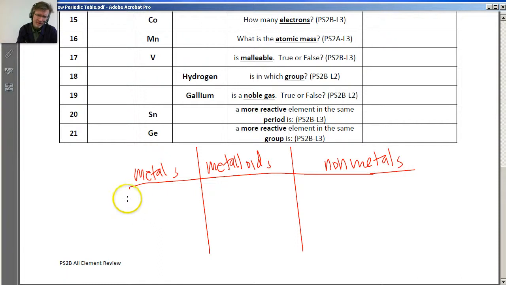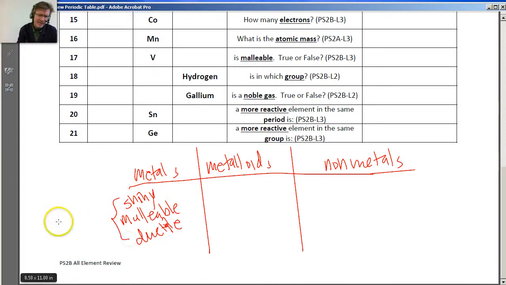What we did is we said metals are shiny, metals are malleable, metals are ductile, and those are all physical properties. Physical properties. Non-metals, they're dull.